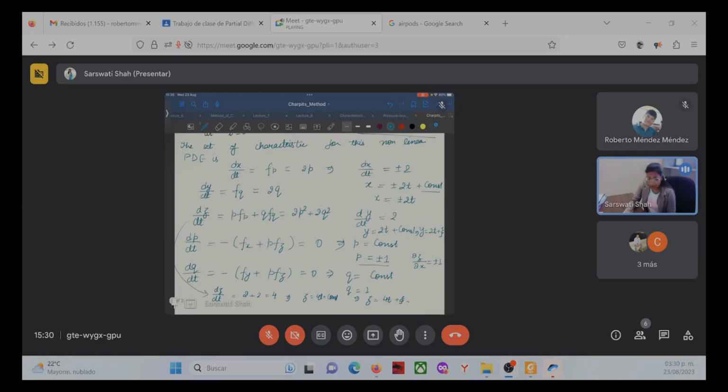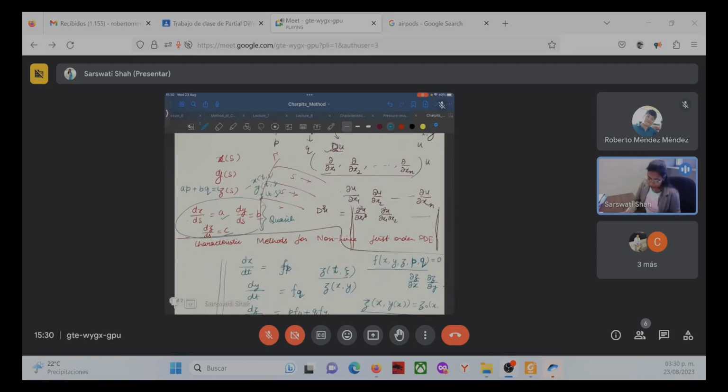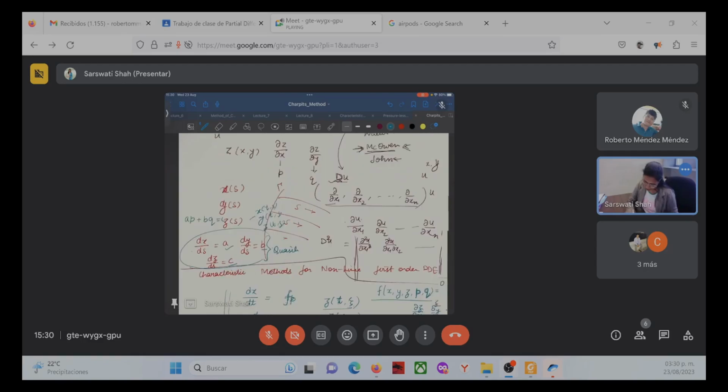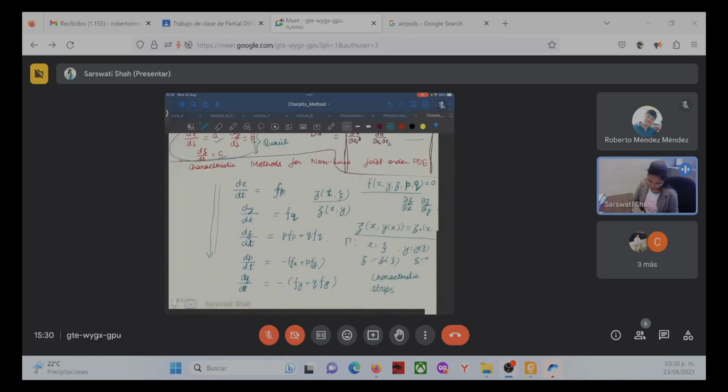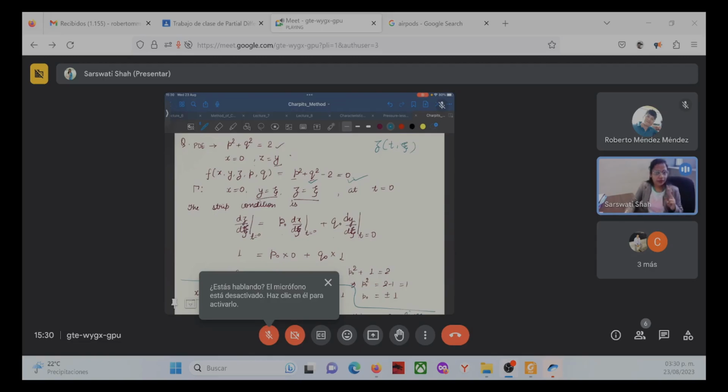Now our aim is to express this z. What I told you is that we are going to get this function z in the parameters t and xi, but our aim is to find out the unique solution.